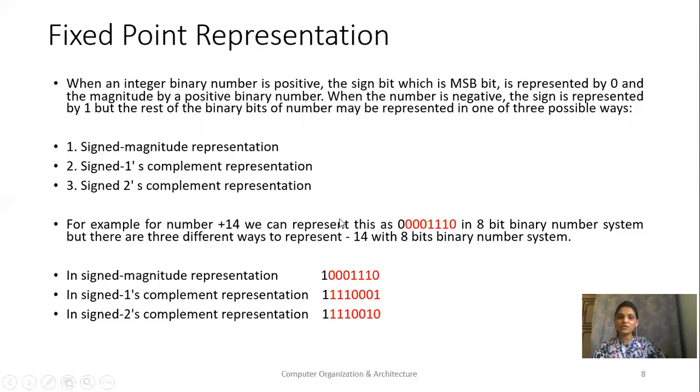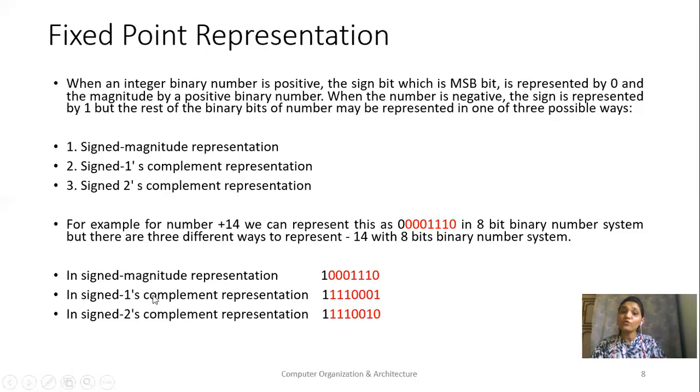How can you achieve this? For sign magnitude representation, you just put the rest of the 7 bits as they are. You can see the rest of the 7 bits are put as they are, just the sign bit is changed from 0 to 1 to represent a negative number.